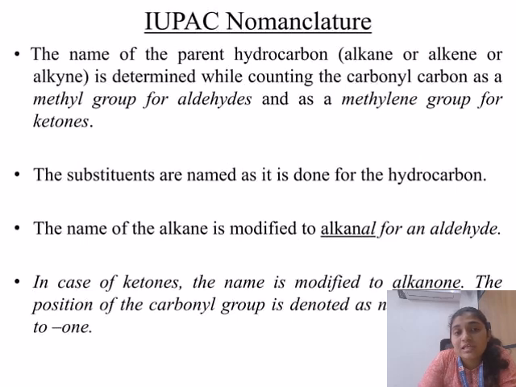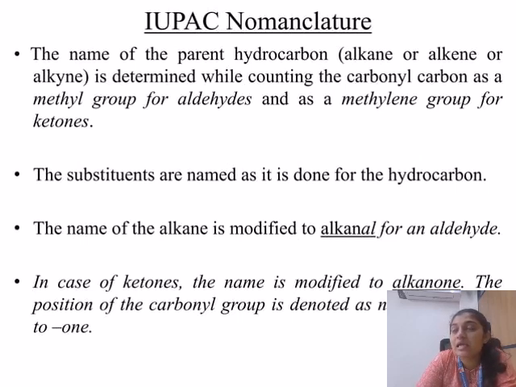So first, the name of the parent hydrocarbon is determined while counting the carbonyl carbon as a methyl group for the aldehyde, and as a methylene group for the ketone. The substituents are named as done for the hydrocarbon.